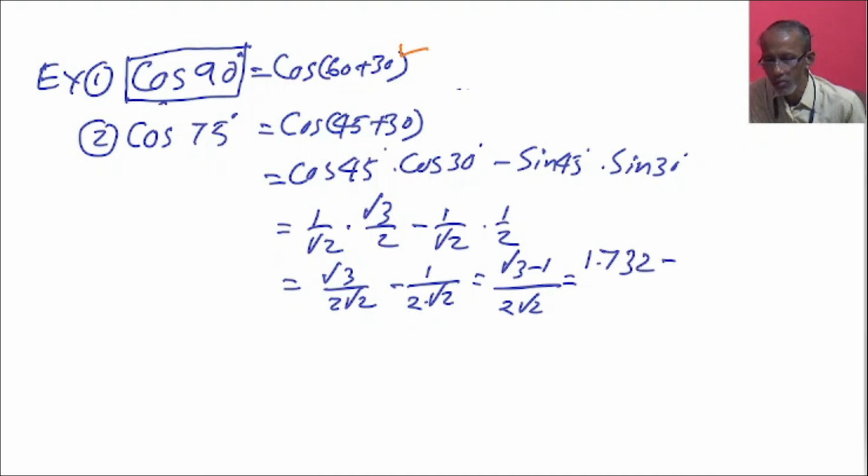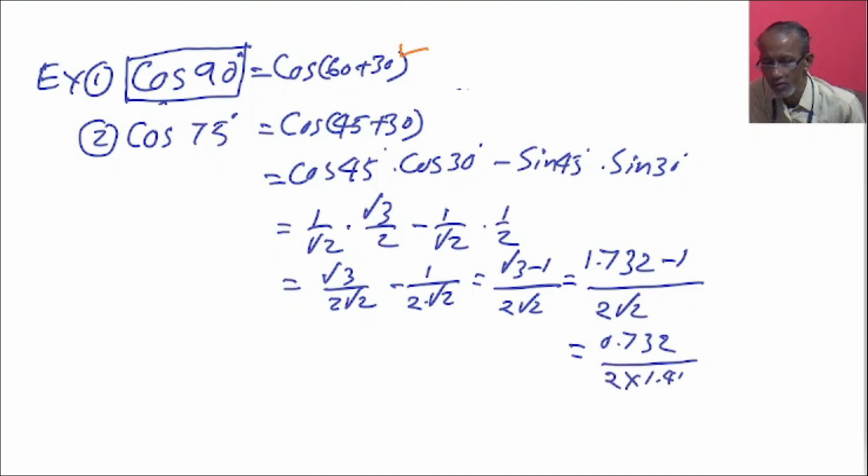1.732 minus 1 is 0.732, by 2 into 1.41, which is 2.82.